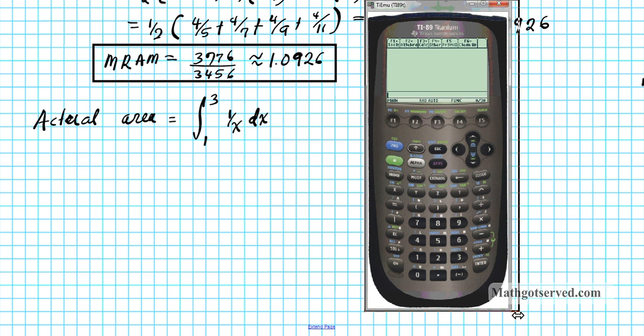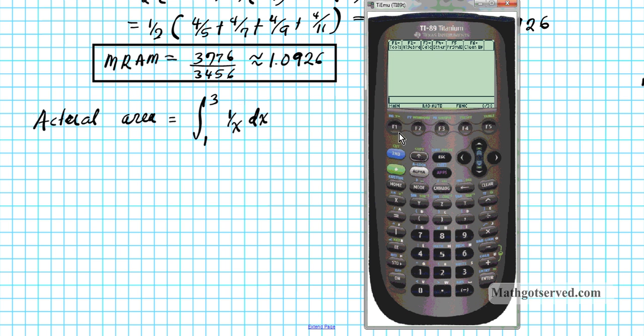Let me use the area approach. You can do it here using F3, and to calculate the integral, we enter the function 1 divided by x, the variable of integration x, lower bound 1, upper bound 3. Enter. That's the exact value. If you want an approximate numerical result, you hit diamond enter.